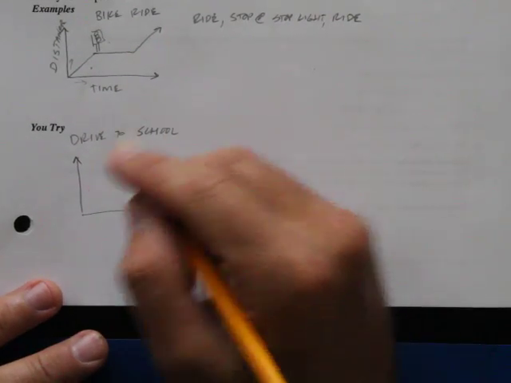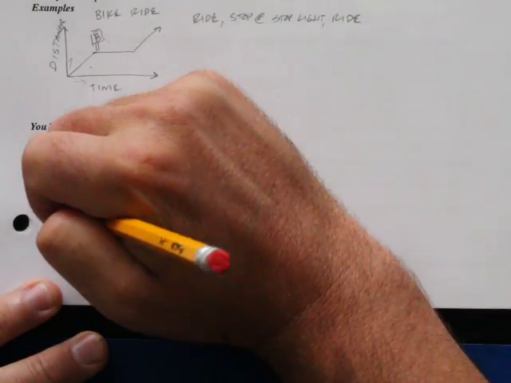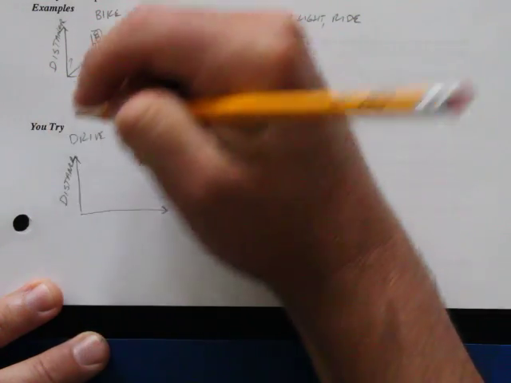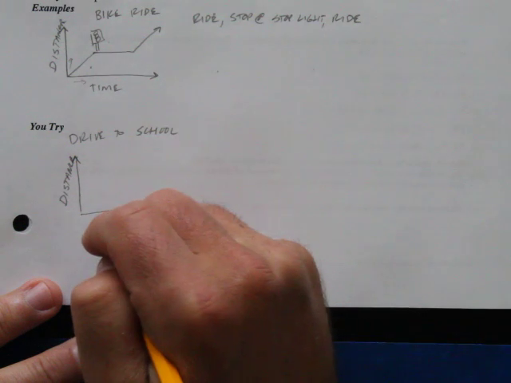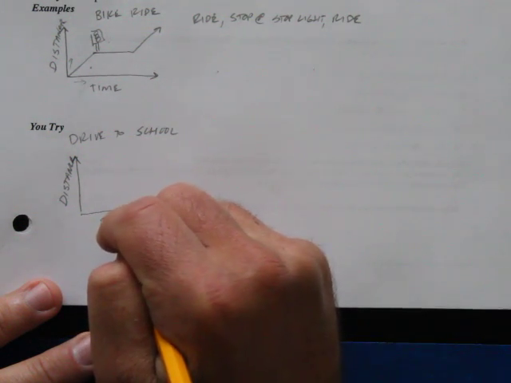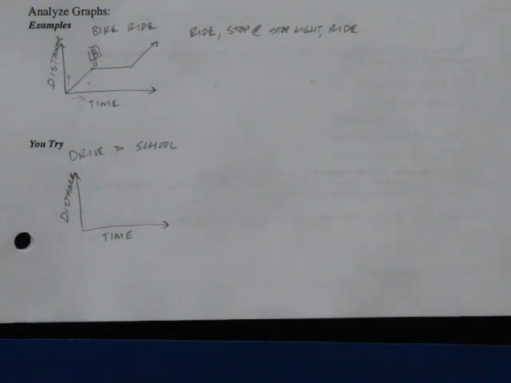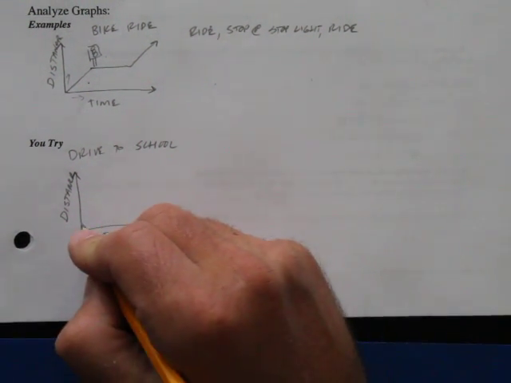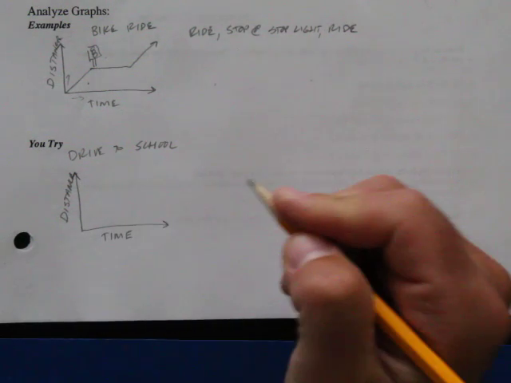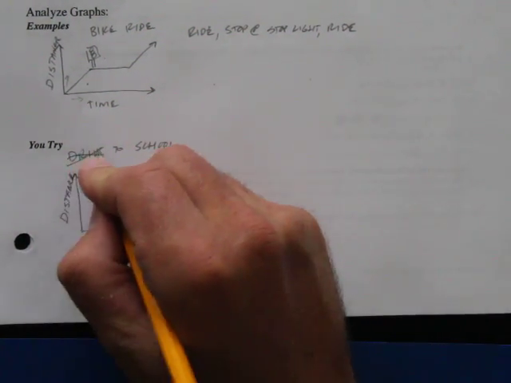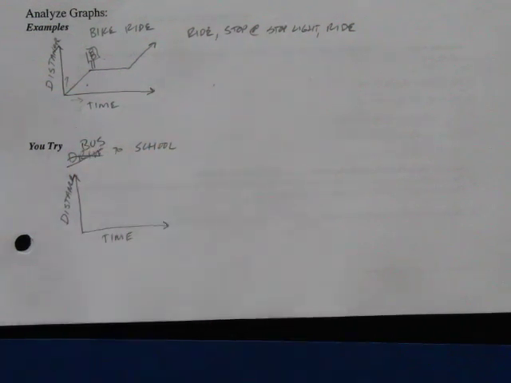All right, so let's think about a drive to school. So again, distance for your y-axis, and time for your x-axis. So let's say you're driving to school, or your parents driving you, or you're on the bus. Let's say you're on the bus to school.